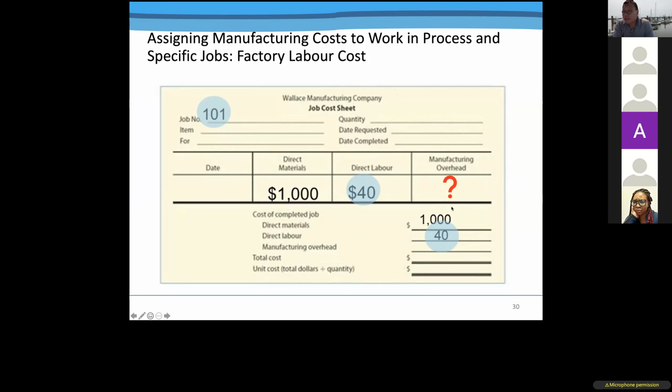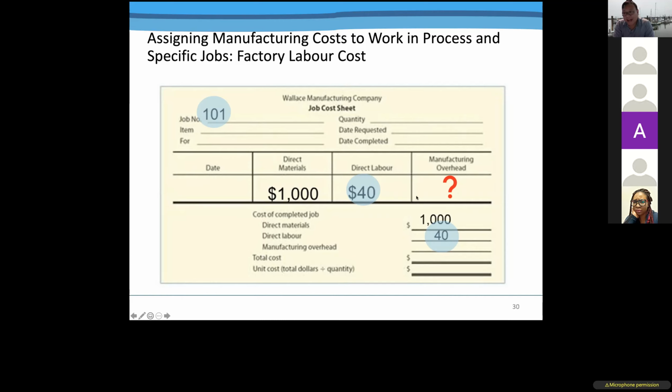So now the question is, we have learned how to deal with direct materials and direct labor. The next question is manufacturing overhead. How are we going to deal with that? This part is quite challenging.